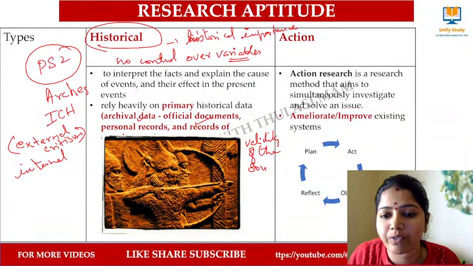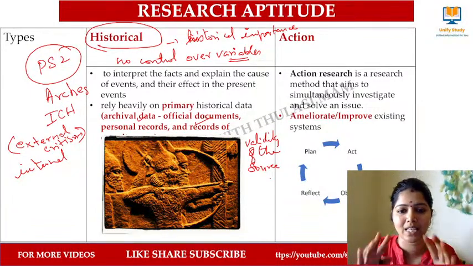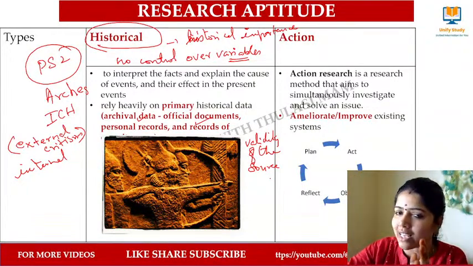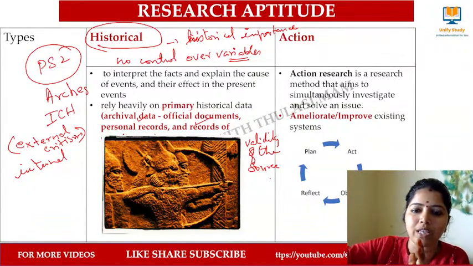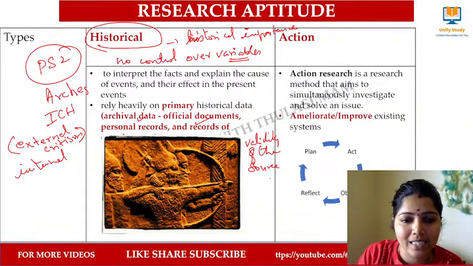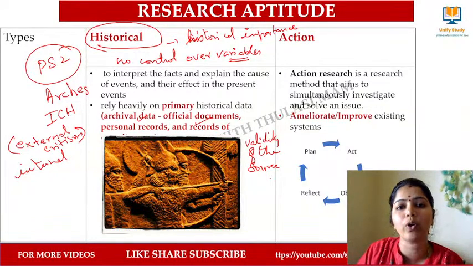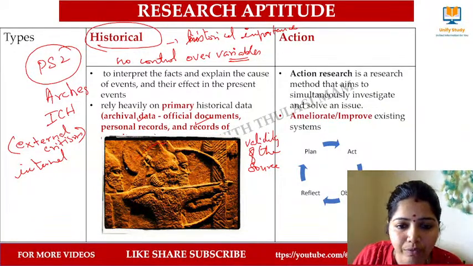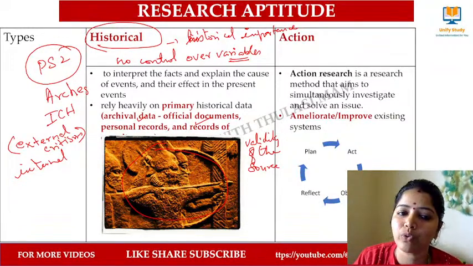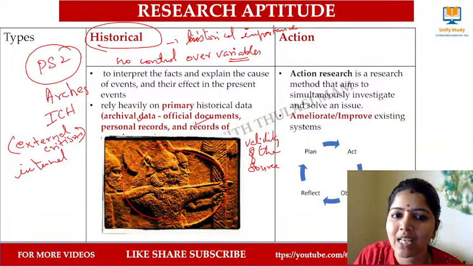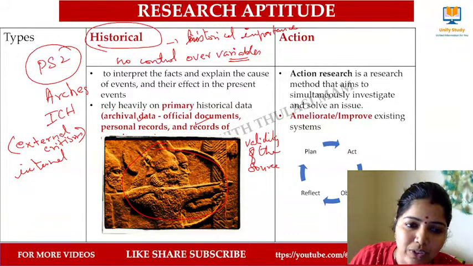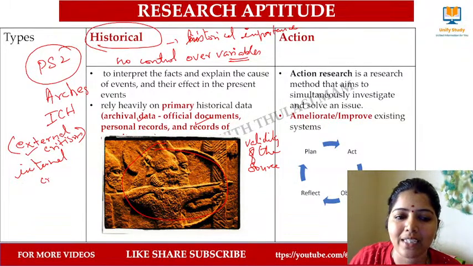We have to say this is the sculpture which was done during this period, this century, by this king. This is the validity of the source. Internal criticism means I should be able to explore the meaning of this. Only if I can properly explore things can I do proper research. So it suffers from external criticism and internal criticism.